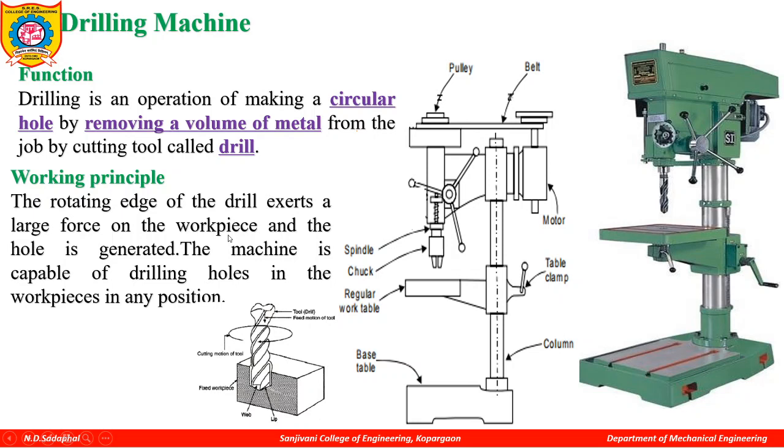As the drill is rotating, it applies a force on the workpiece, and due to this force the metal or volume will be removed from the workpiece and a required size of hole is created in the workpiece. So this is the working principle. Due to the cutting edges, metal is removed and the hole is made.